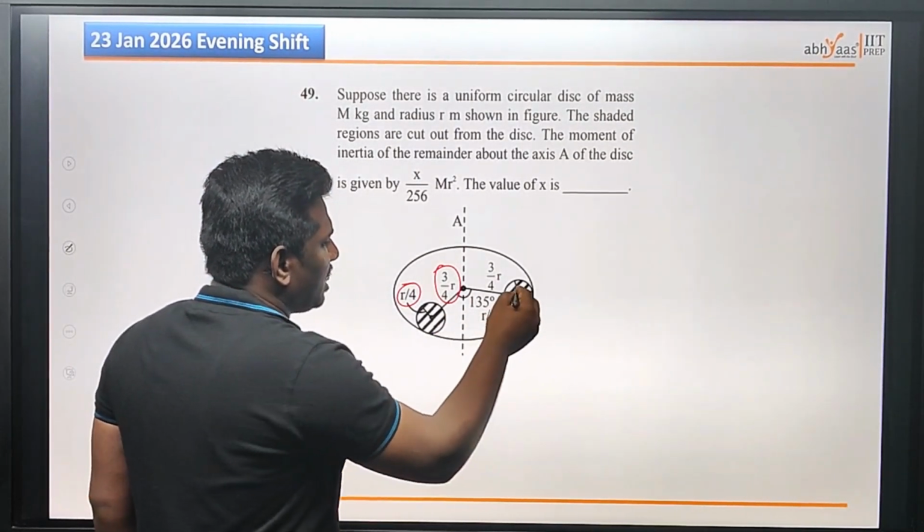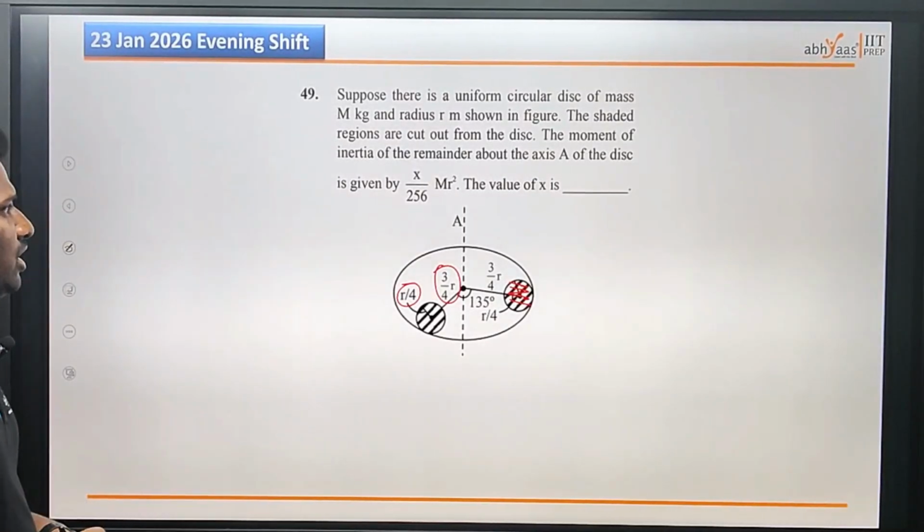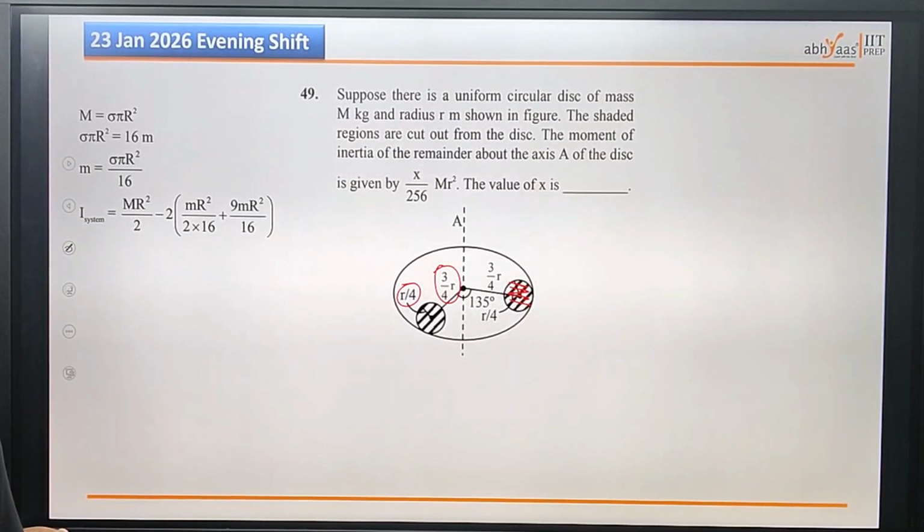So for this one we have cut two circles of the same size. What you have to find is the moment of inertia.